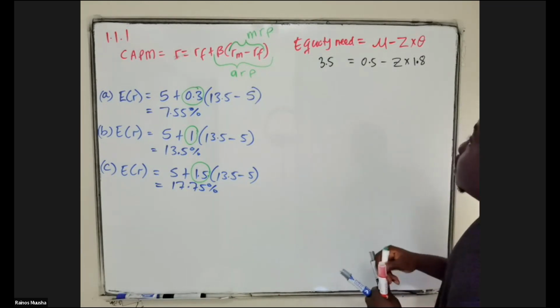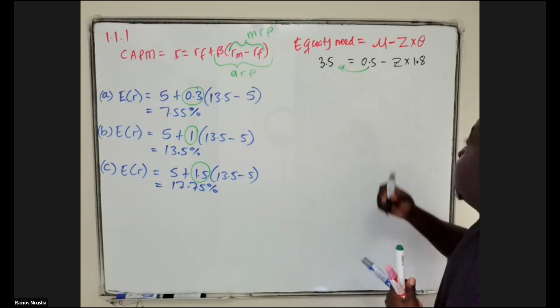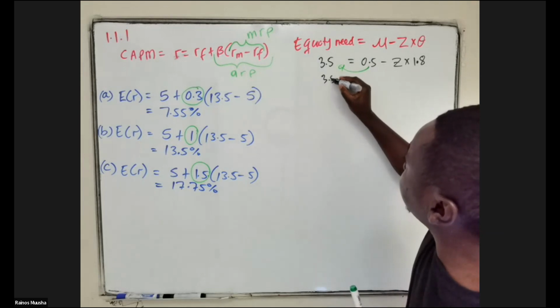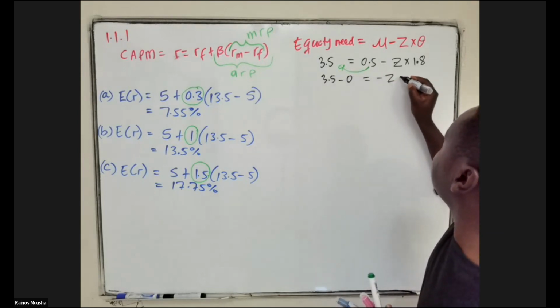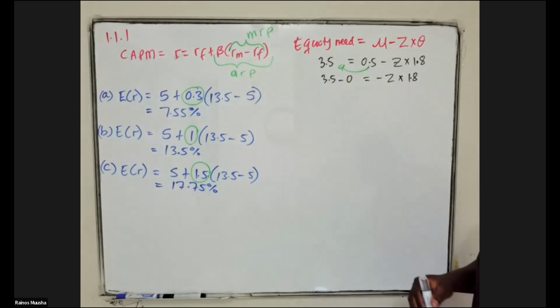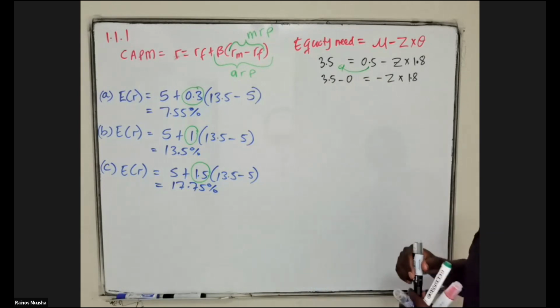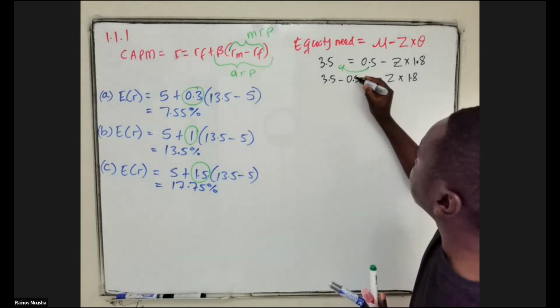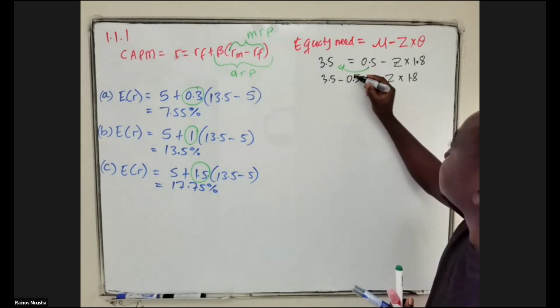If you take 0.5 to the other side, 3.5 minus 0.5 equals minus Z multiplied by 1.8.